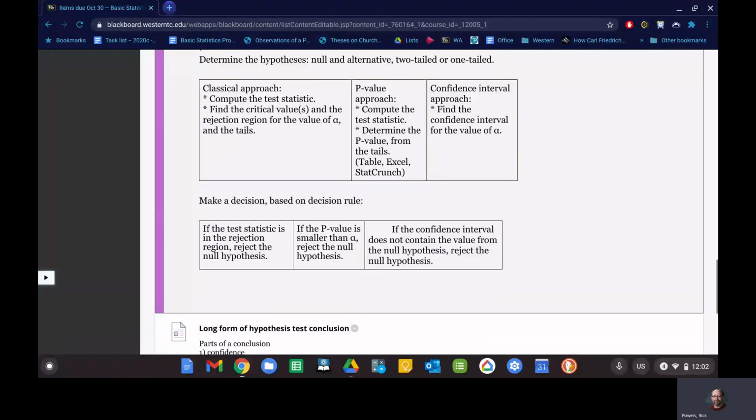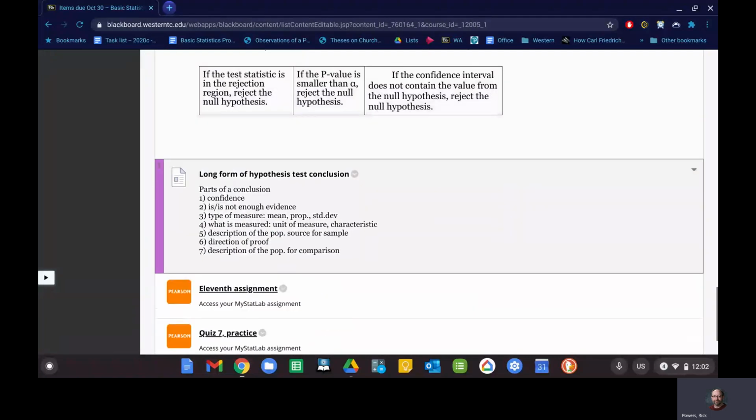And then there's something called the long form of the conclusion, where you have to describe your conclusion in very precise ways, which are not easy to come by because you've never seen this before, more than likely. And so it's a process that has a lot of details, a lot of vocabulary, a lot of definitions.